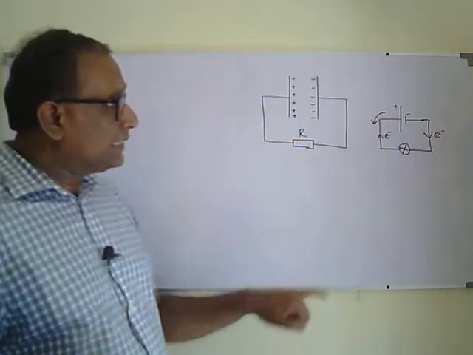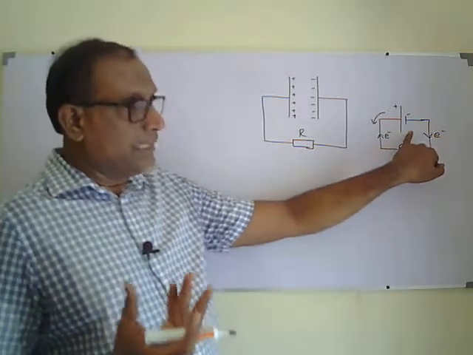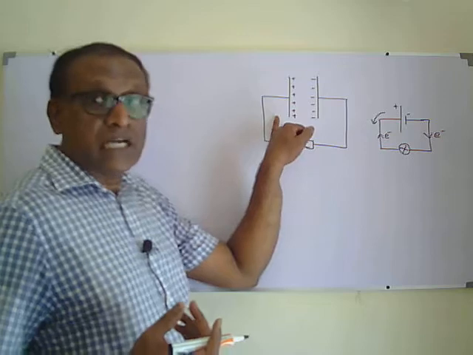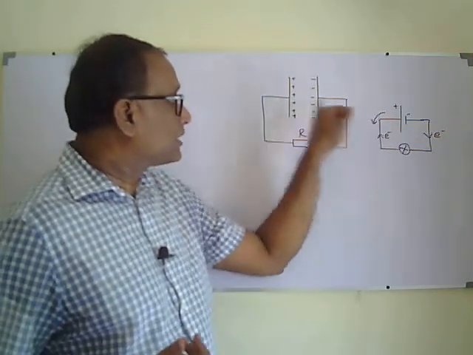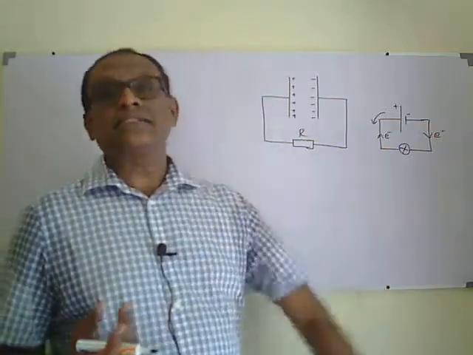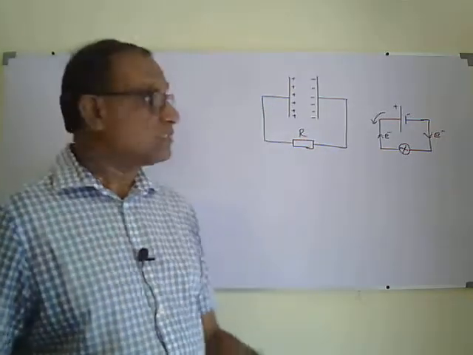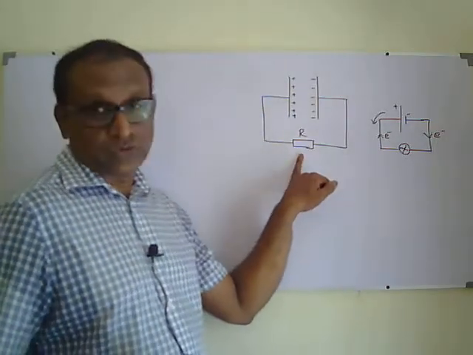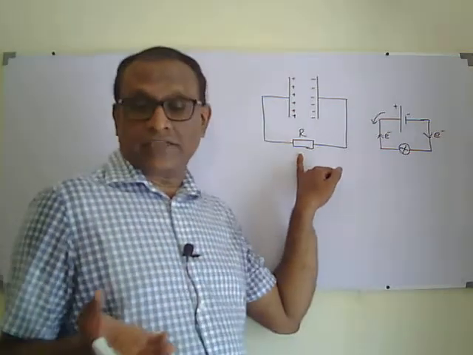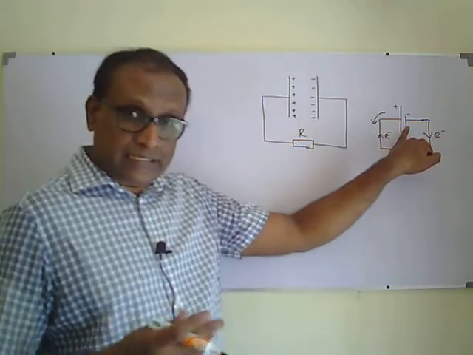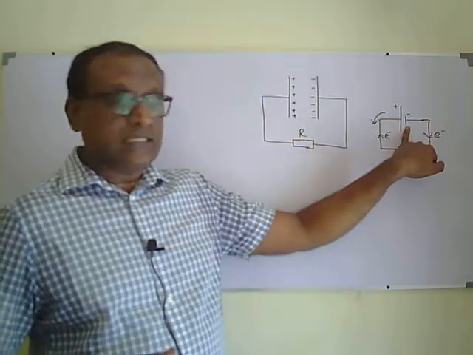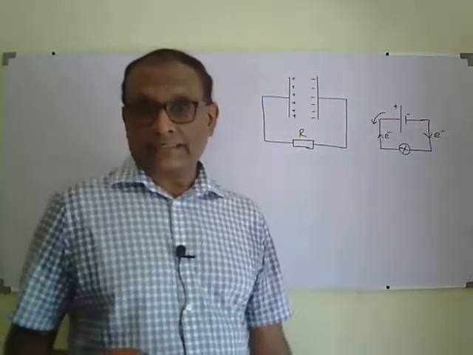The charged capacitor is the same: it can also supply electrons when the terminals are connected to a component, a bulb or whatever it is, because it stores electrical energy. A battery stores chemical energy, and due to the chemical reaction it can supply electrical energy.